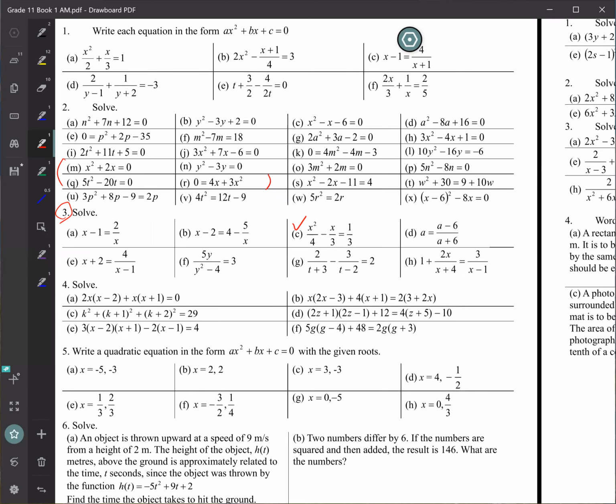C, G, H. Okay, so you can take out a piece of paper right now, just any scrap paper. All I need you to do is tell me what it looks like after you cancel out the denominator. You don't need to expand, you don't need to change it to general form, just the very first step.